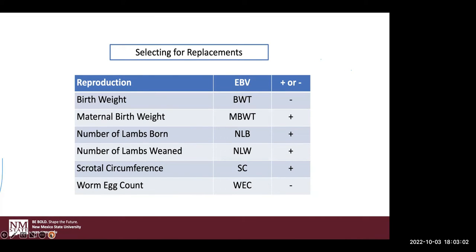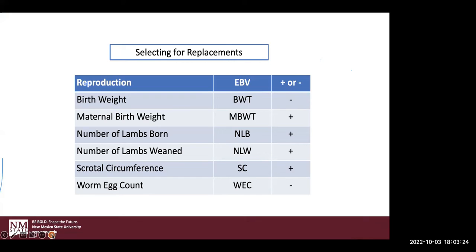But really that's just sort of it for your replacement purposes. You certainly want to keep females that have a good worm egg count value. Now again, for birth weight and the worm egg count, you want negative or low numbers. And then for the others, you're looking for very positive numbers, right?